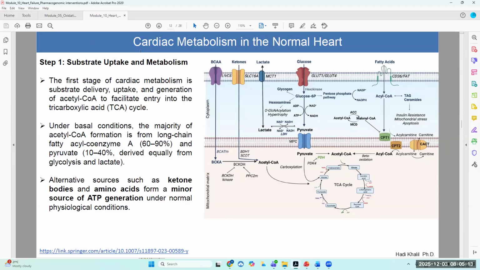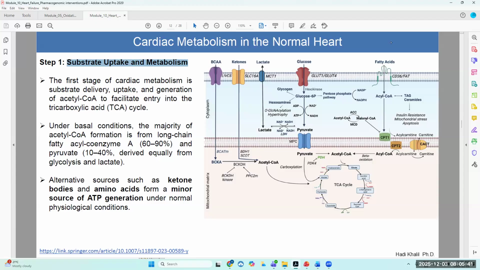So when you're studying again the heart tissue or the muscle tissue in general, the first step is the uptake and metabolism. This has nothing new compared to what we described before. The new thing here is the heart muscle doesn't use much of glycolysis, but it uses the fatty acids.